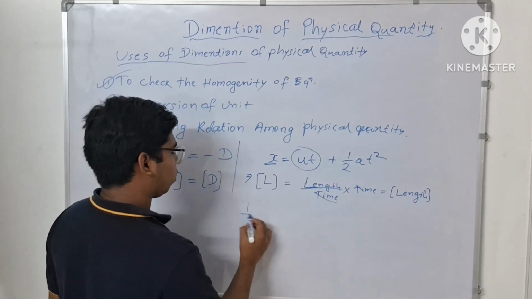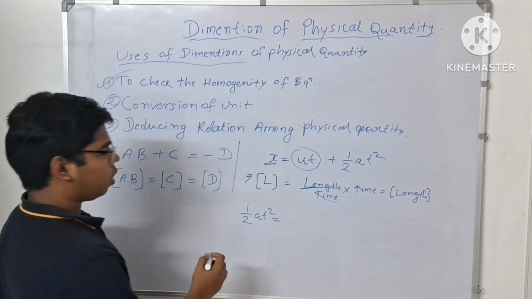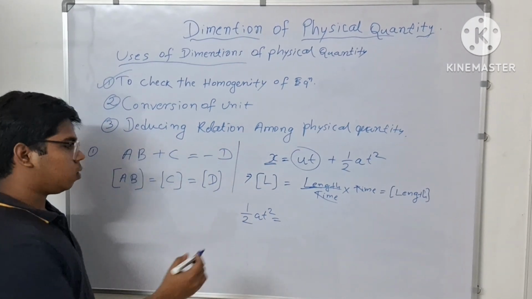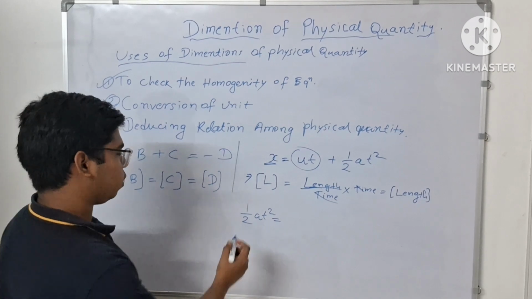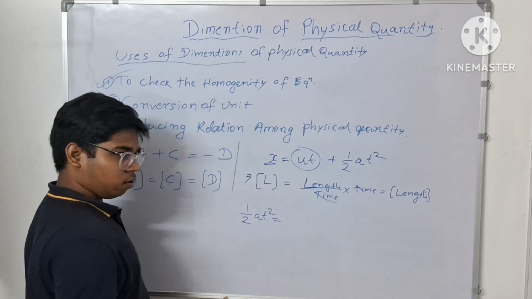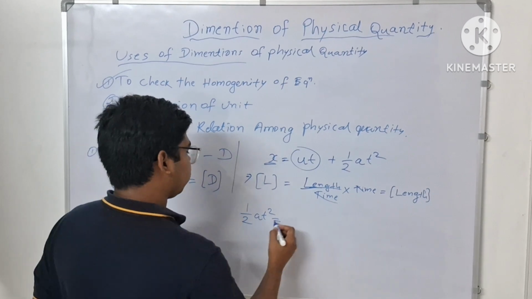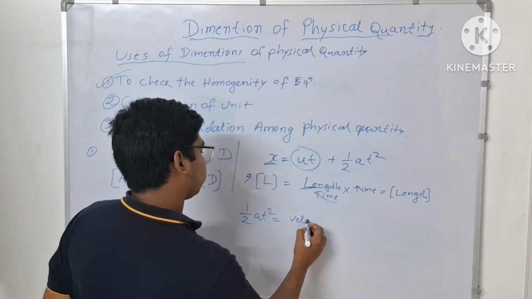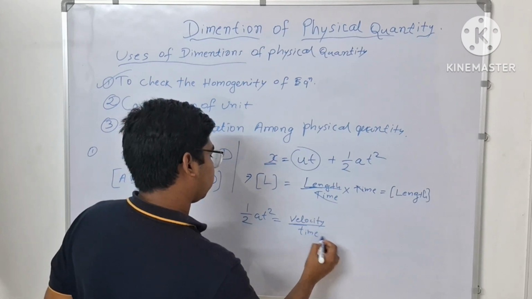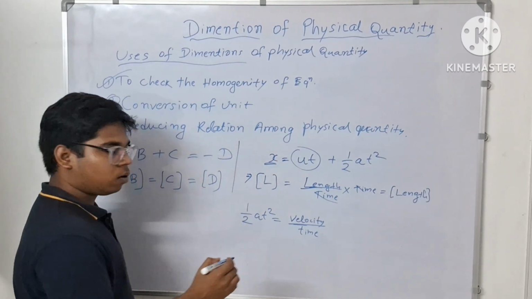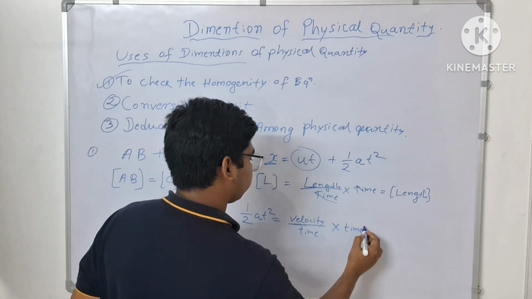Similarly for the dimension of half at square, as we know from our previous video, a pure number has no dimension, that is why it is dimensionless. So the acceleration, we know acceleration is velocity divided by time, and also t square is nothing but time square.